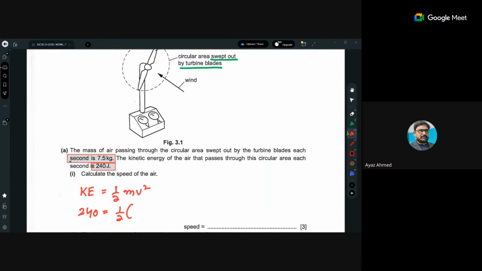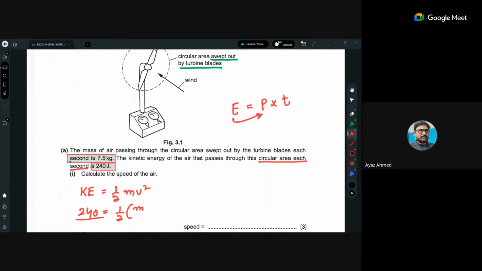Again, there is a very interesting equation: energy is equal to power into time. If you just consider time as 1 second, energy is the same as power, so you will not have any problem with mass.